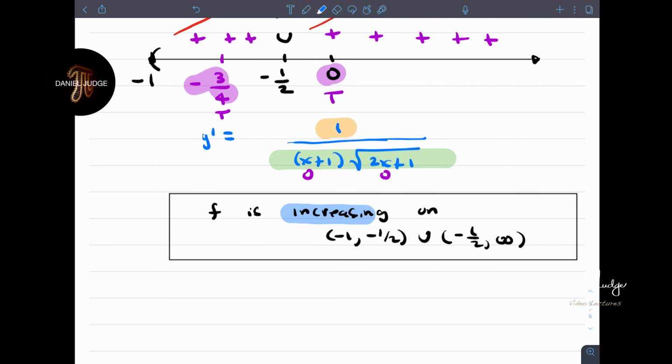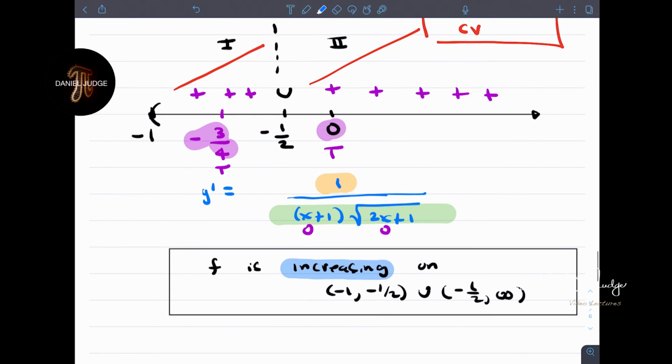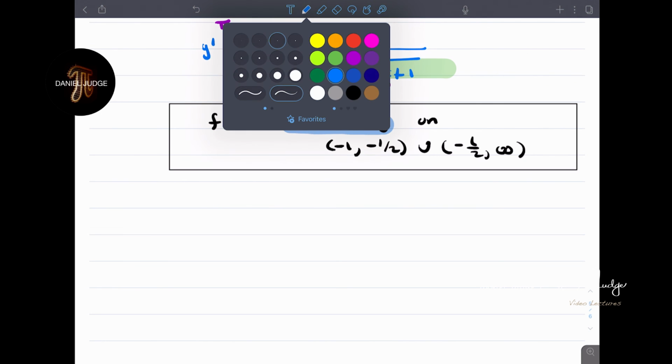So this is where we're finding increasing, because we're looking at these positive slope values for sign analysis. We don't include negative 1/2. And you say, where is it decreasing? Well, the derivative is never negative. So what that means is f is never decreasing.